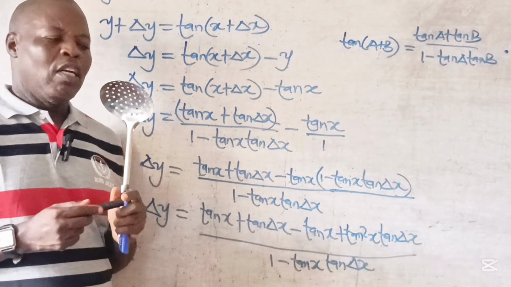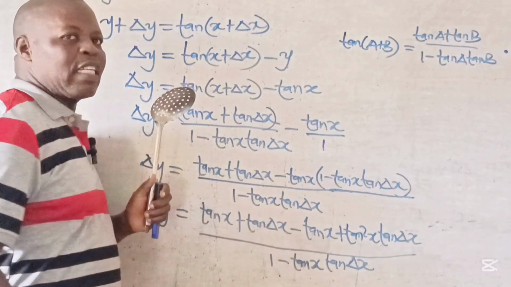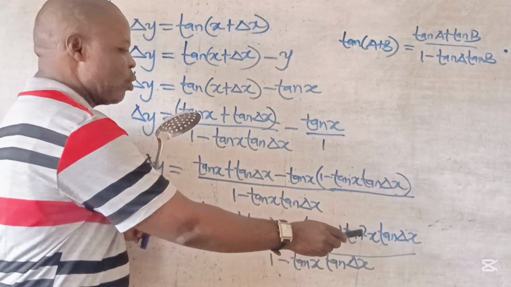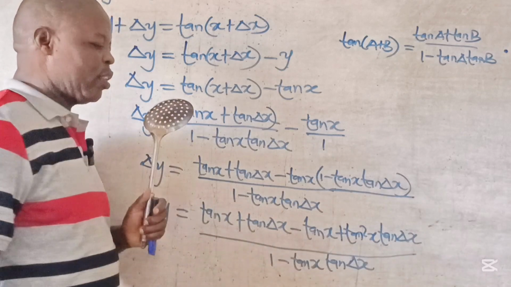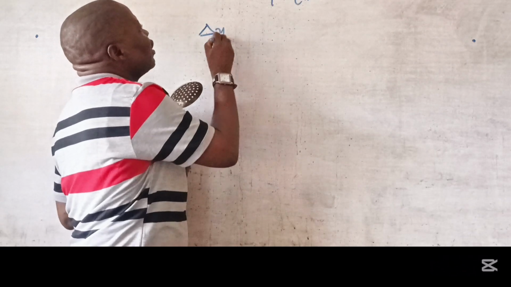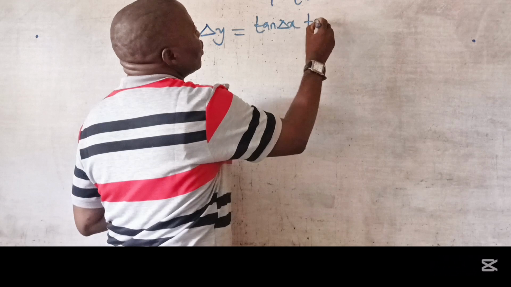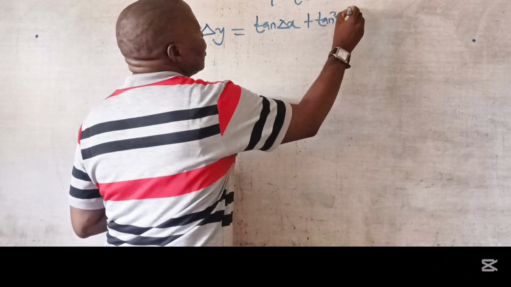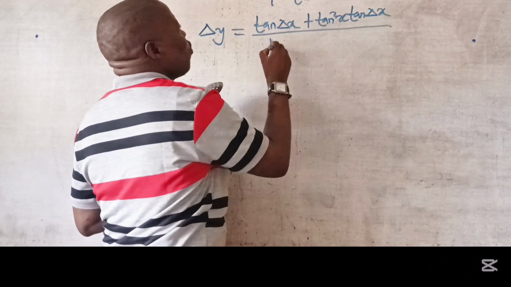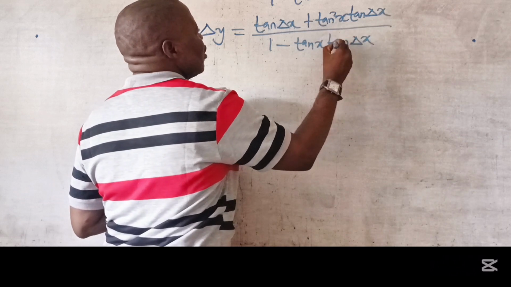Now, look at this. We have tan x here, we have tan x here. Plus tan x minus tan x cancel out. So we will be left with tan change in x plus tan square x tan change in x over 1 minus tan x tan change in x. We are left with change in y is equals to tan change in x plus tan square x tan change in x. Everything over 1 minus tan x tan change in x.